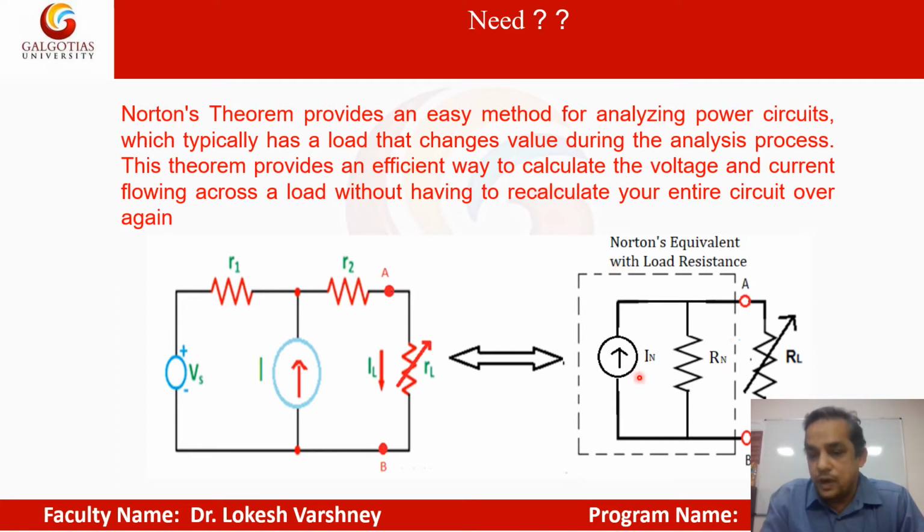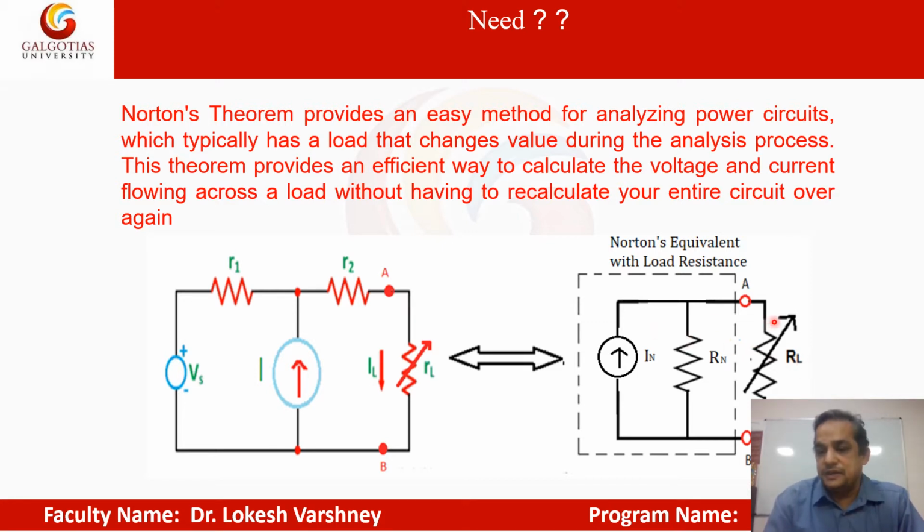There is one current source in parallel with one resistance, which is the Norton resistance. After that we reconnect the load resistance and find the value for any value of RL.